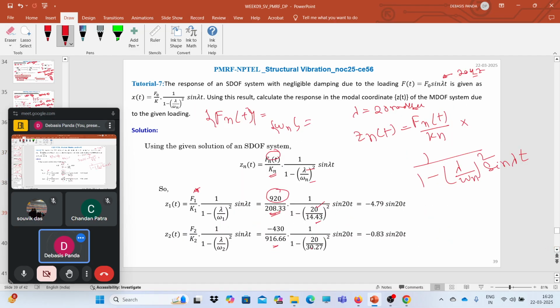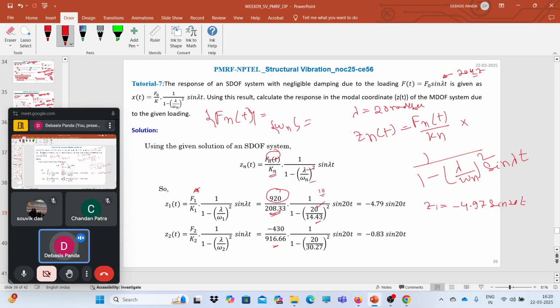Just replace these and you will get Z1 equals minus 4.97 sin 20t. For your data, you just need to replace the values. There, 10 was the forcing frequency of the system. Rest of the things are the same, but there will be a little change in frequency because I have changed the stiffness matrix.